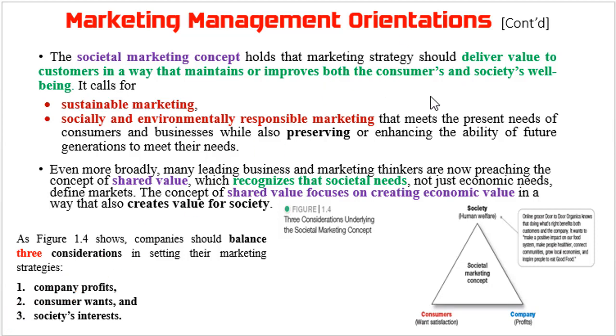And to ensure the society's well-being, we should focus on sustainable marketing as well as socially and environmentally responsible marketing. Marketing strategy should focus on sustainability to preserve the ability of future generations to meet their needs.